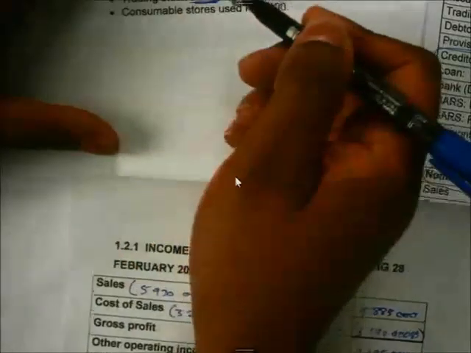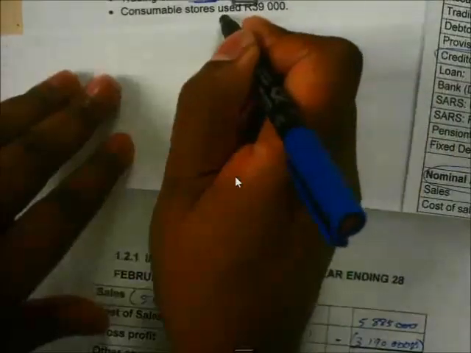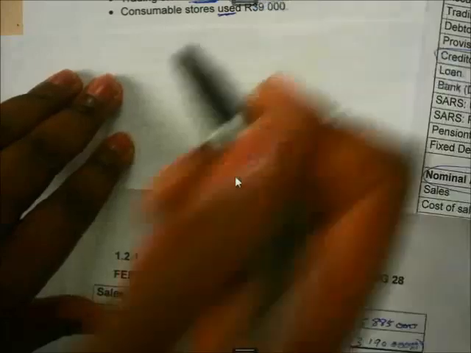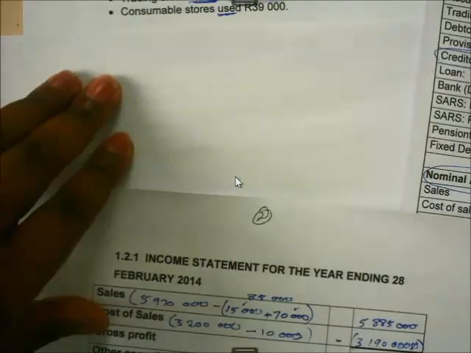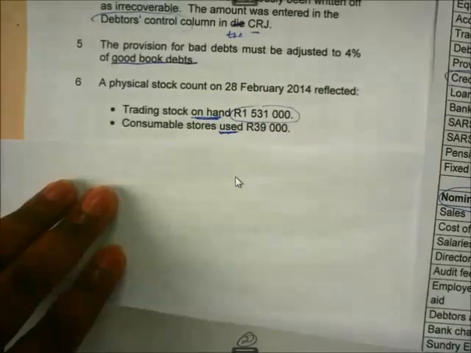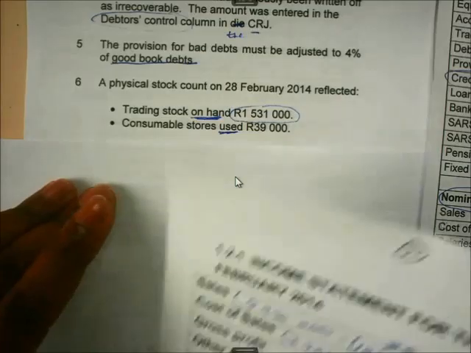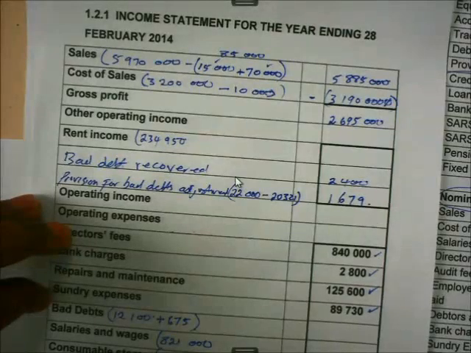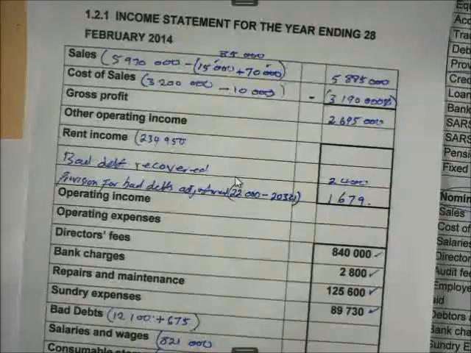Now, here they said on hand, but here they say consumable stores used for the year, 39,000. Consumable stores used, 39,000. Right, which means what? Which means this is the amount for the year, 39,000, which we must record here. But how much did we purchase?